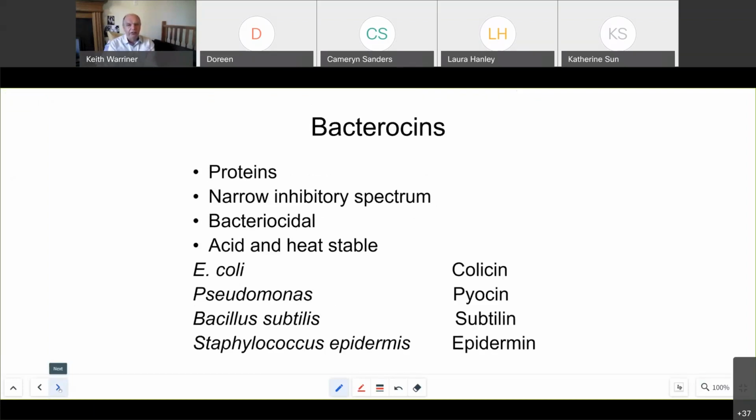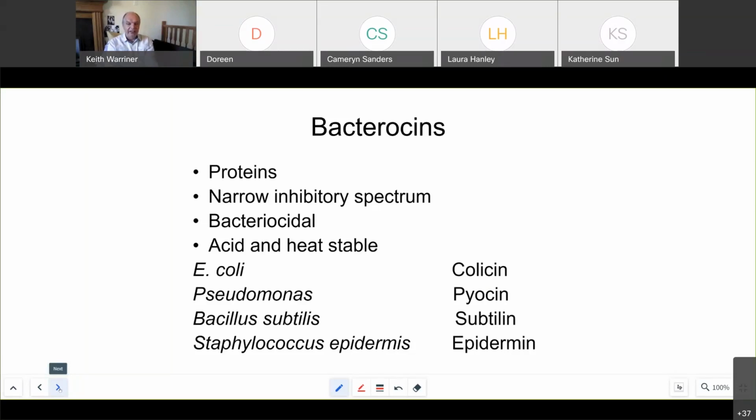There's a wide range of bacteriocins, and the thing is, all bacteria produce them. So E. coli produces colicin, and Bacillus, pyocin, and epidermin. What these bacteriocins do is act as quorum sensing molecules in gram-positives, but they also have antimicrobial activity, i.e. they act like antibiotics. Some bind to the cell membrane, some disrupt metabolism.